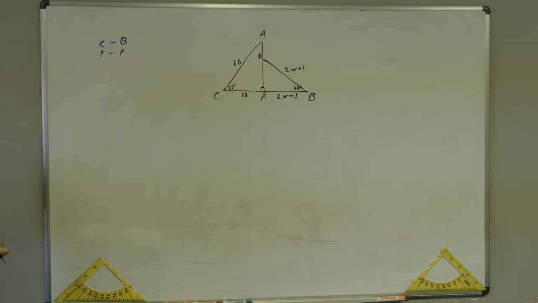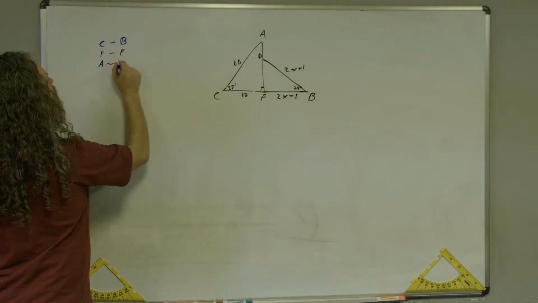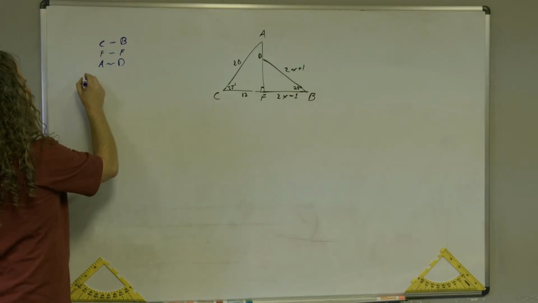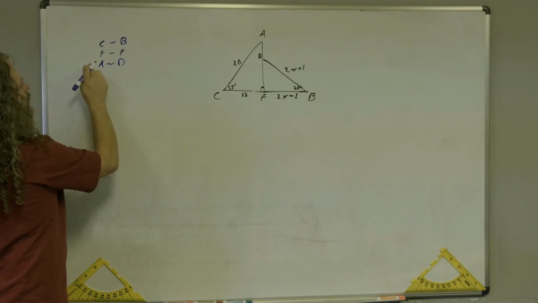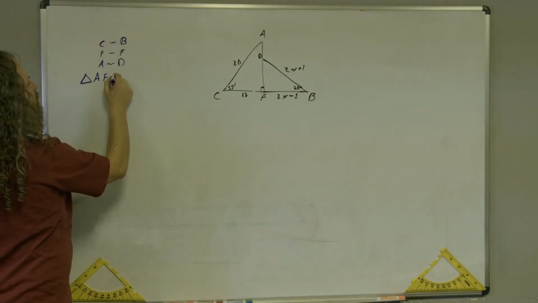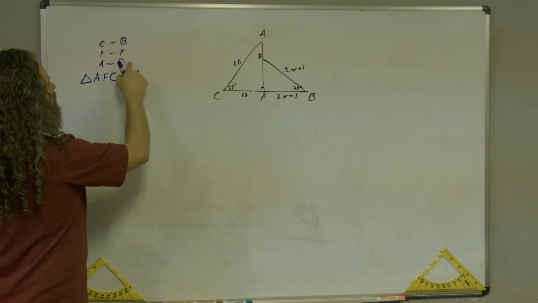So A goes with D, right? So triangle AFC is similar to triangle DFB.